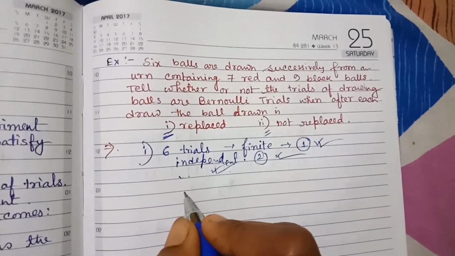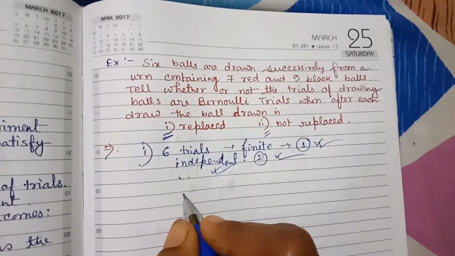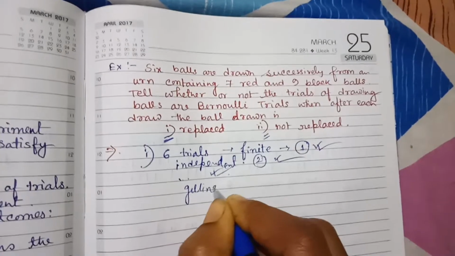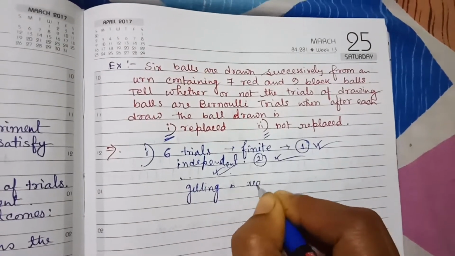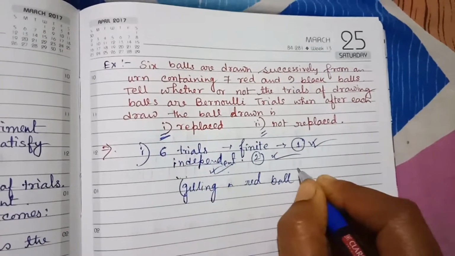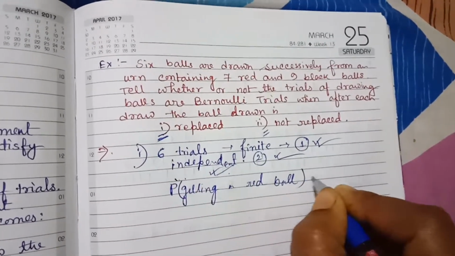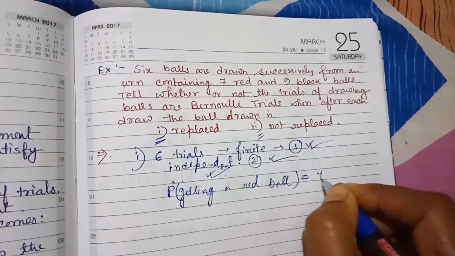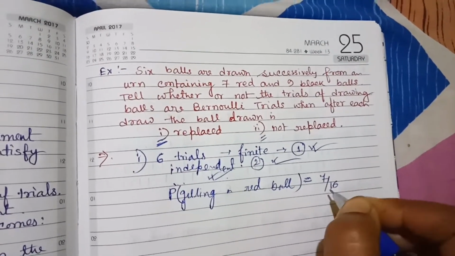The probability of success remains the same in each trial. That means getting a red ball, which I said would be the success: for the first trial its probability is obviously 7 by 16.